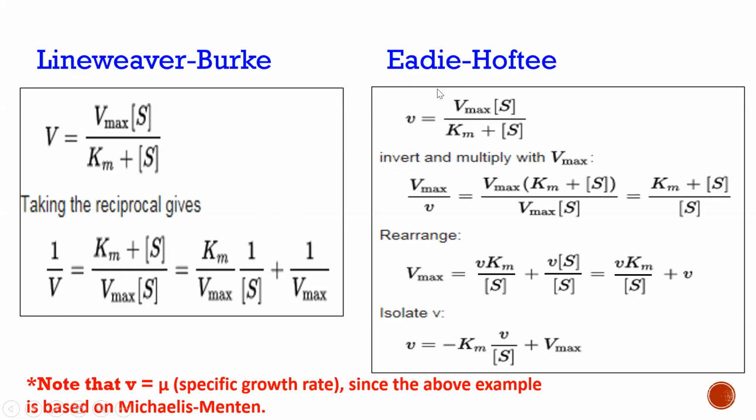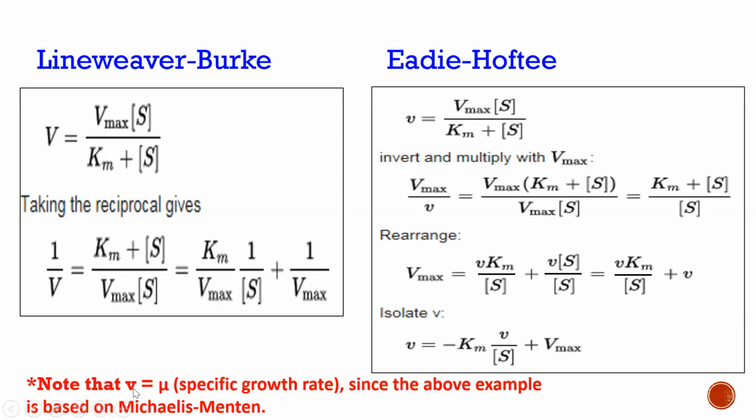So another one is the Eadie-Hofstee one. For this one it is a bit challenging. What they do is they invert and multiply with mu max. All right, then they rearrange it, and then they take mu as a function. So I expect everyone to try this, and I believe you can try to rearrange it and come up with this. And right, you don't have to really memorize.